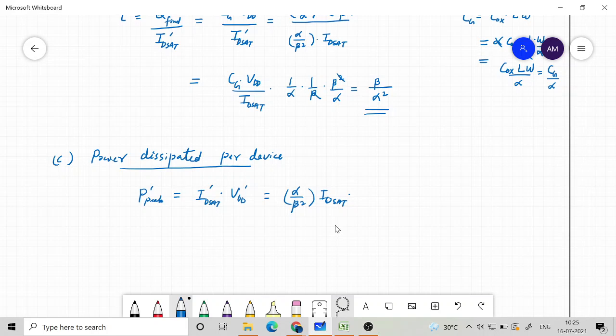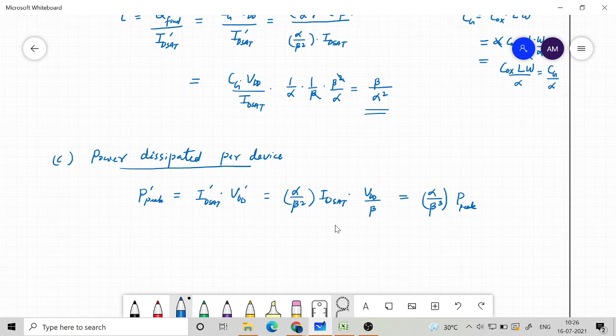Then VDD dash is going to be VDD by beta. So that is going to give us alpha by beta cube into the earlier peak power. Okay, so this is the way.